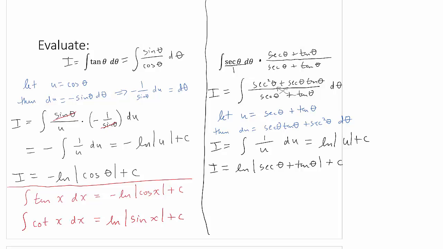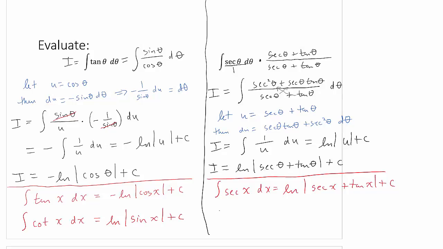Again, this is one you probably just want to memorize. You don't want to have to recreate this one every single time you come across it. So the integral of secant x dx is the natural log of the absolute value of secant x plus tangent x, plus our constant from integration.